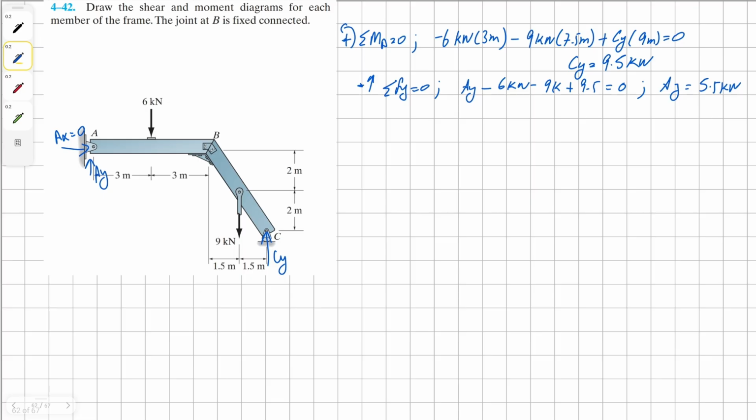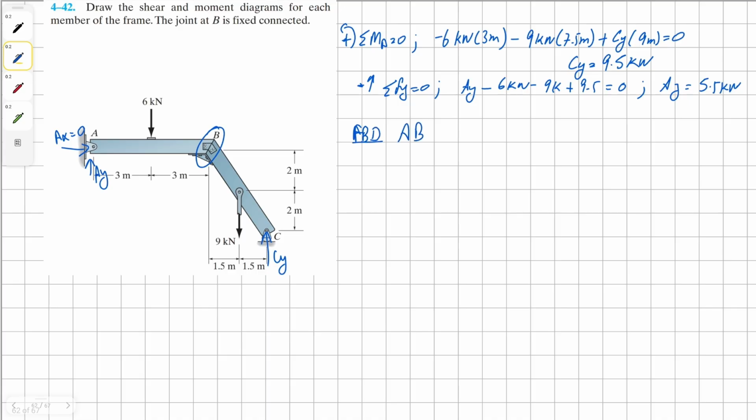Alright, so now that we have all the required forces, all that's left to solve is our connection in here, because our shear and moment diagram will have to be based on individual sections. Alright, so let's draw its free body diagram.